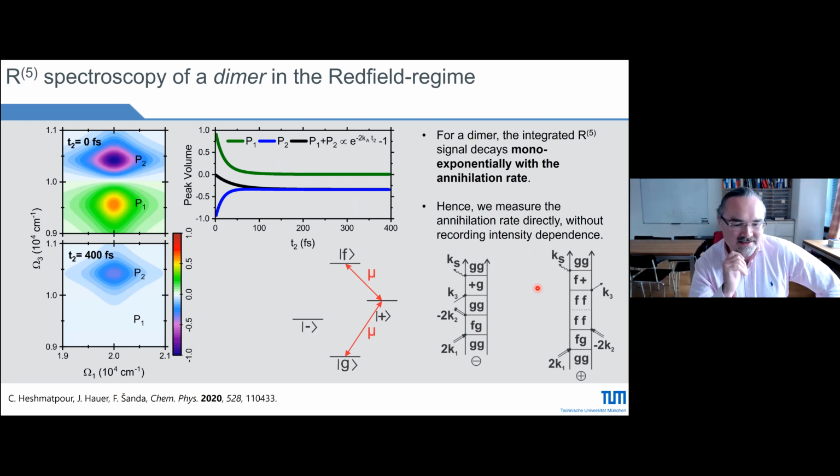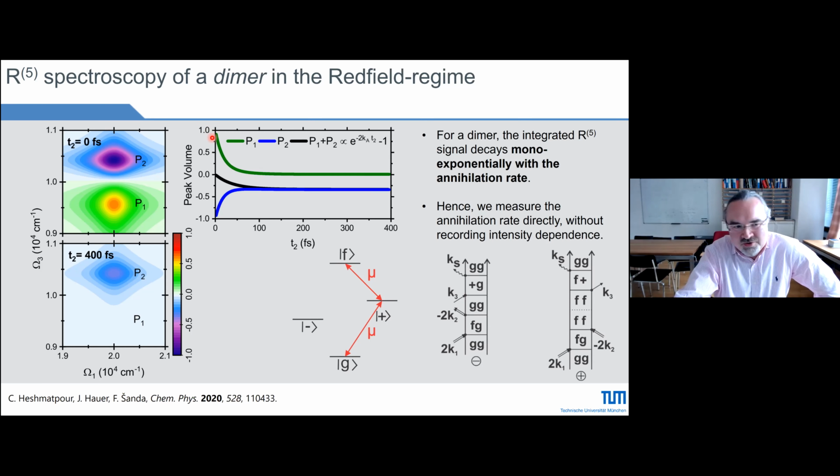Here is a Redfield type of scenario in a dimer. In Redfield, there will be a splitting even between these two peaks. And this is, of course, 2J. This is the measure of the coupling strength. If we then look at the dynamics of these peaks, we will see this P1 decays with, let's call it, convoluted dynamics.